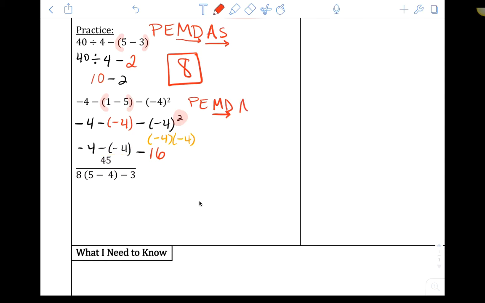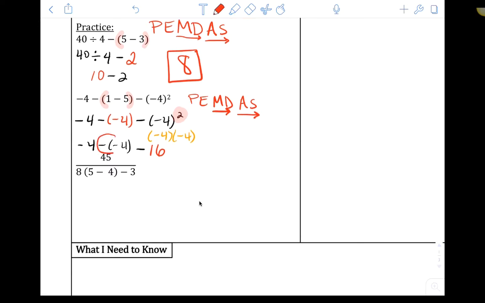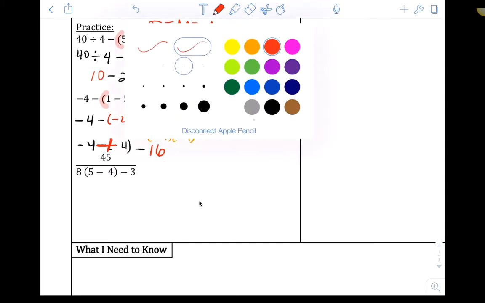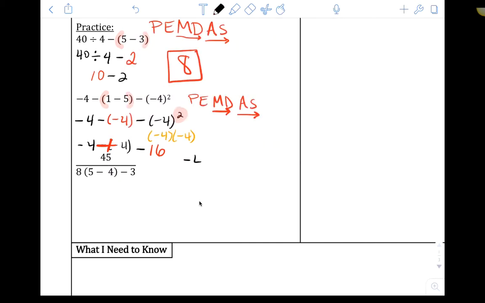But we also might get to see that when we do the last part of PEMDAS, which is the adding and subtracting. So if I saw this as two negatives side by side, that would change to a big plus sign. So essentially what I have and am working with is negative 4 plus 4 minus 16.